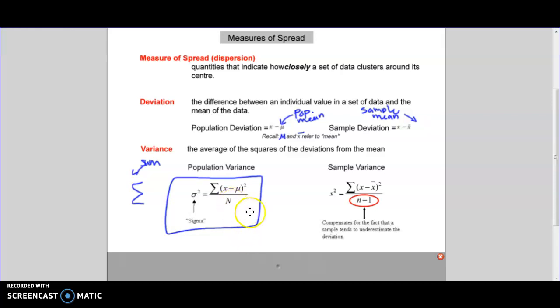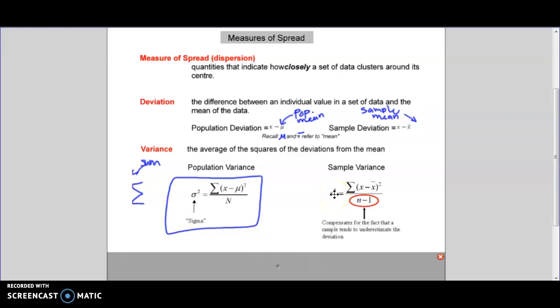Okay, so we have population variance where you can see mu, which we talked about in one of the previous lessons. And then we have sample variance. If we're dealing with a sample, our mean is represented by x bar. The other differences in the two formulas: in population variance we use sigma, whereas in sample we use an S. Population variance is represented by sigma squared, and sample variance is represented by S squared.